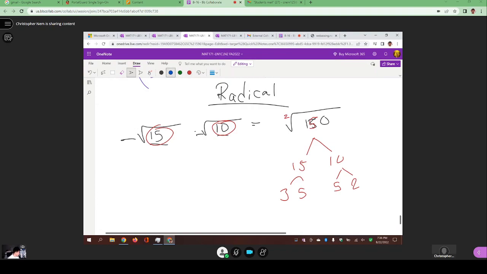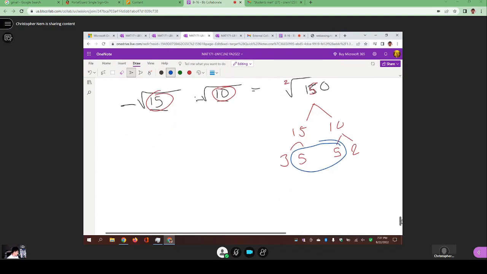And there's only one pair of prime numbers that I see here that are the exact same, and that's going to be 5. Well, what does it mean? This means that I get a single representation of 5 outside the radical. Every other prime number goes inside, which means I have 5 root 6. That's for multiplication. I want you guys to understand that is multiplication.